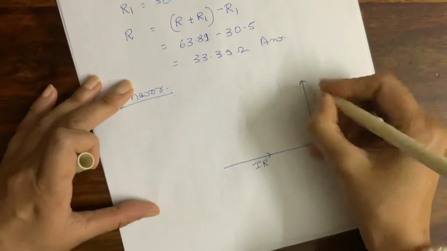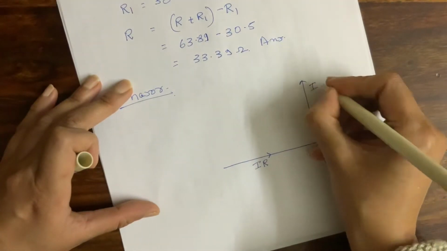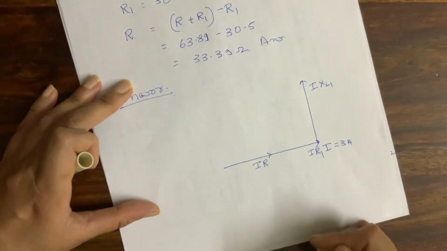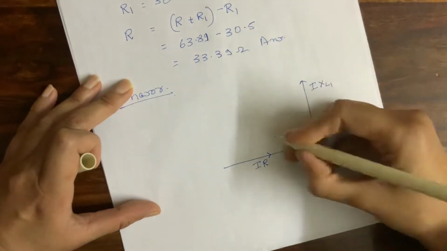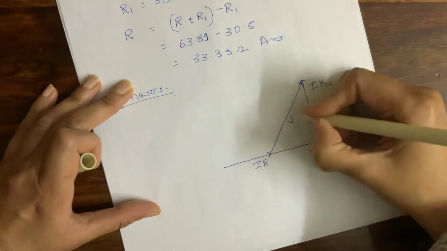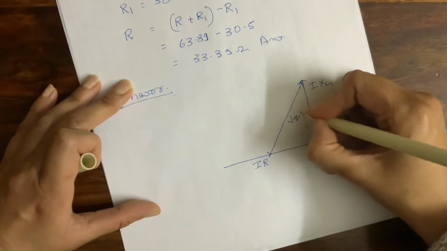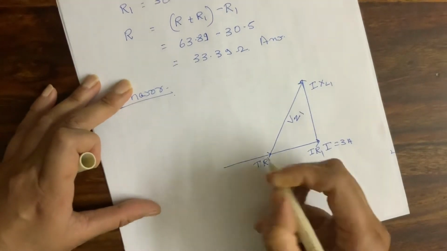Because with this R1 there was an XL value, that will be I XL1. Hence the addition of these two gives us the voltage in XL1, right?